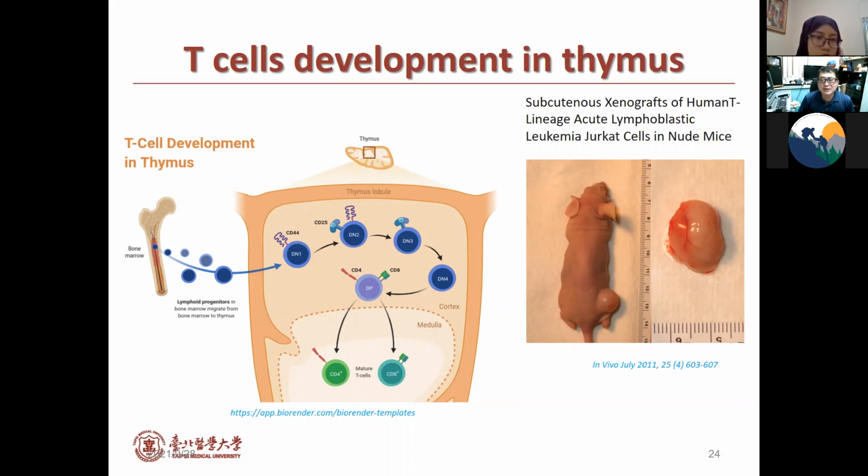I use these mice to tell you that T cells need to mature in the thymus. Without the thymus, the immune system is impaired. Of course, T cells are originally derived from hematopoietic stem cells in the bone marrow, but they do need to move to the thymus for maturation.